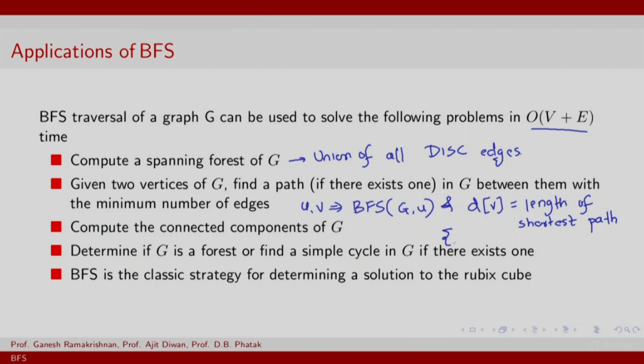And the cascade of pi(v), pi of pi(v), and so on back to u is exactly the shortest path.